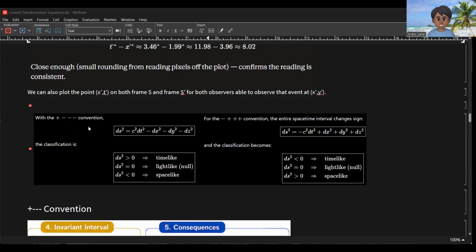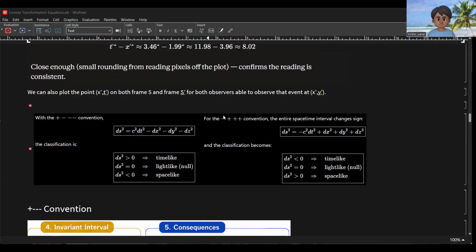So we have the convention here: positive, negative, negative, negative. For example, the square of the differential of s is c squared dt squared minus dx squared minus dy squared minus dz squared.